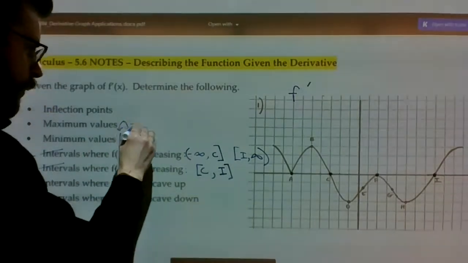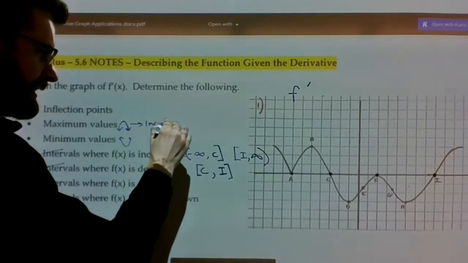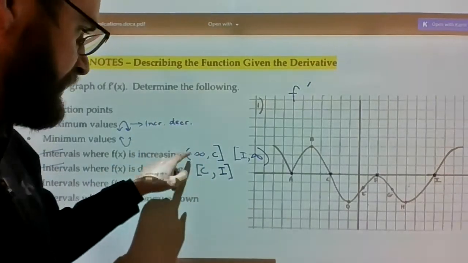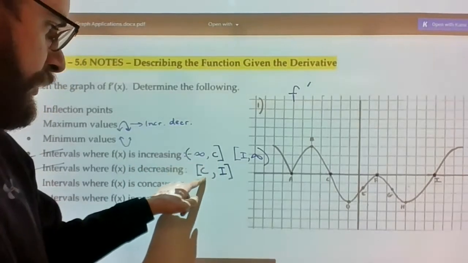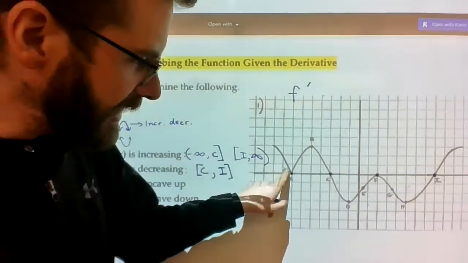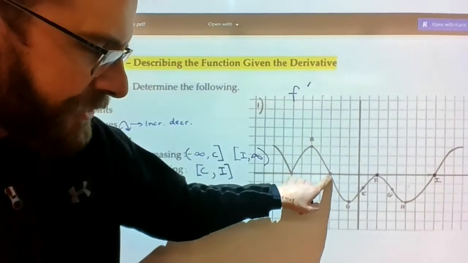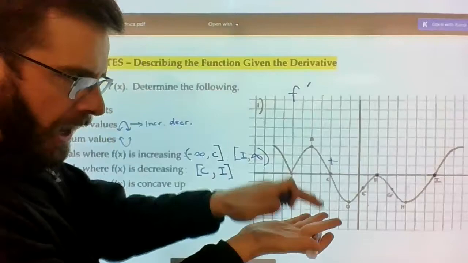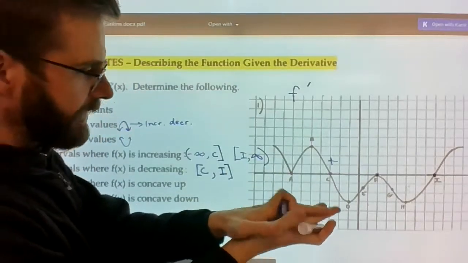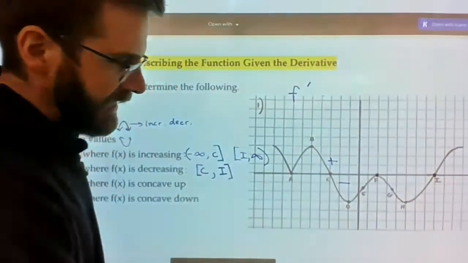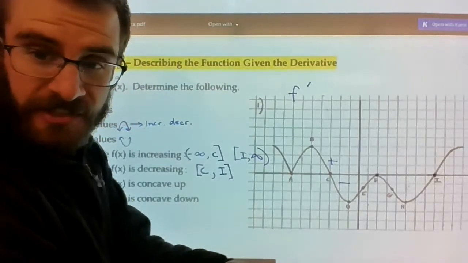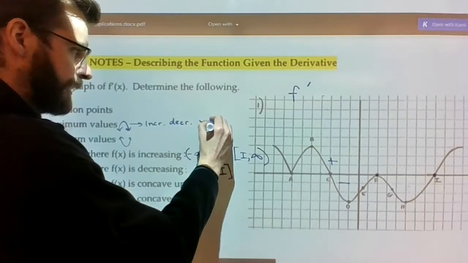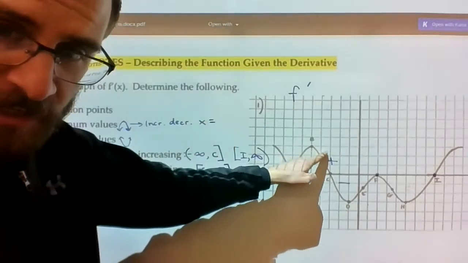So where do we go from increasing to decreasing? Well, it's increasing until C, then it decreases at C. Everything above the x-axis is positive, which means it's increasing. Everything below the x-axis is negative, which means it's decreasing. So at point C, it switches from increasing to decreasing.